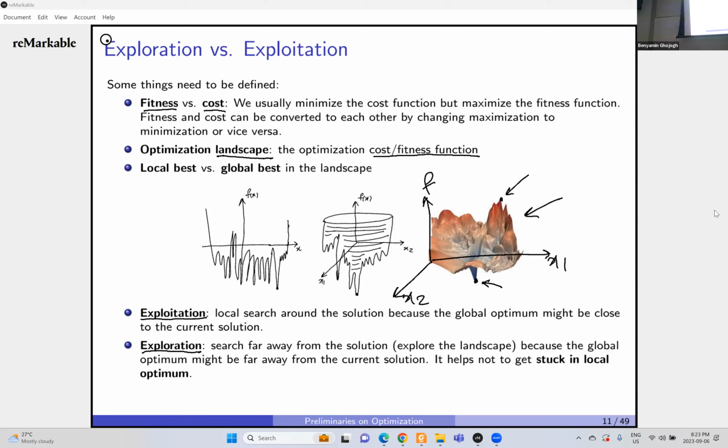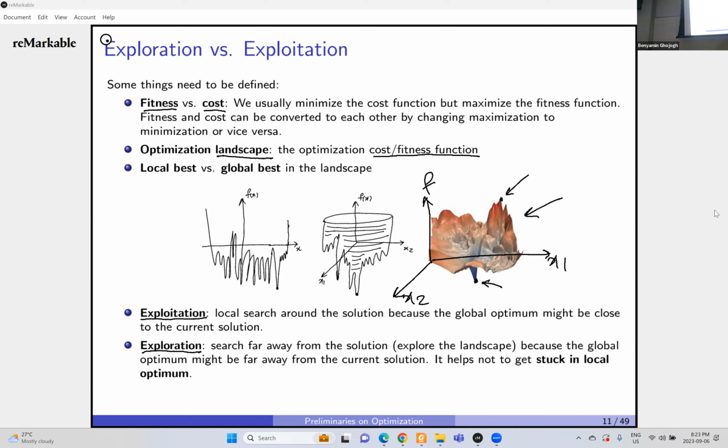If I search locally around me, this is exploitation, right? Because I'm just searching locally. But when I move to different places, jump in this landscape, move to different places to see different parts of the landscape, that's called exploration, because I'm exploring the landscape.